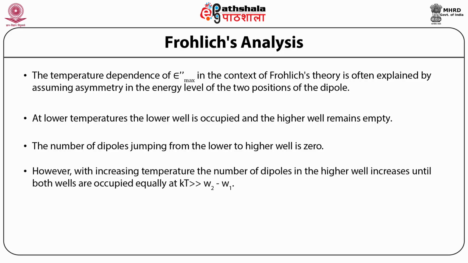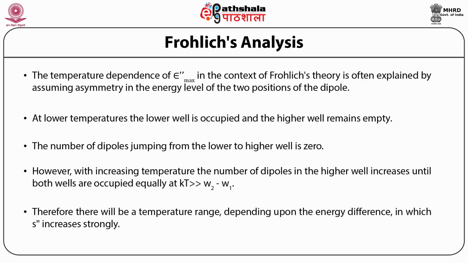However, with increasing temperature, the number of dipoles in the higher well increases until both wells are occupied equally at kT much greater than W2 minus W1. Therefore, there will be a temperature range, depending upon the energy difference, in which epsilon double prime increases strongly.